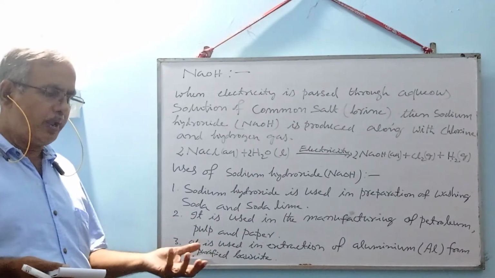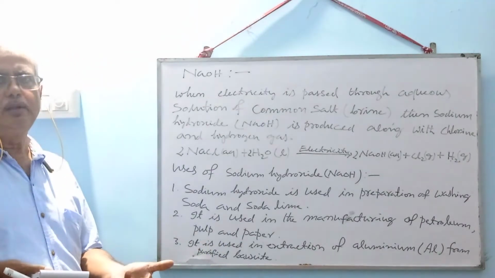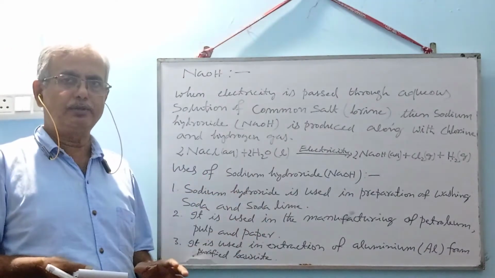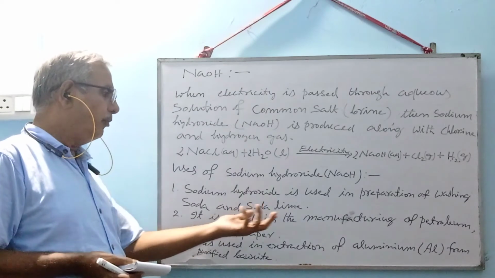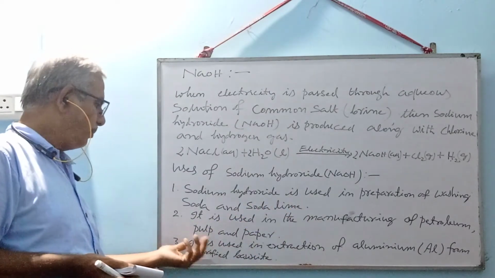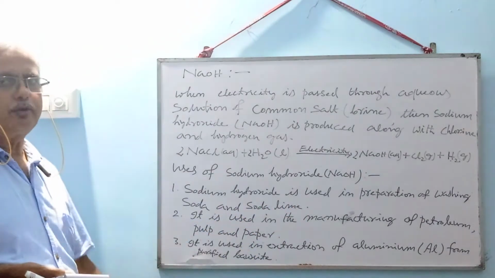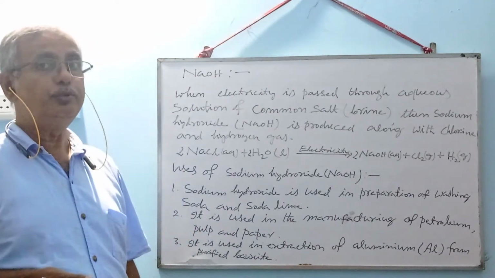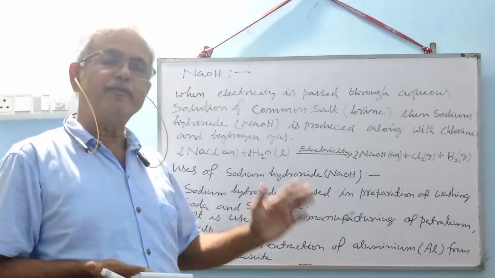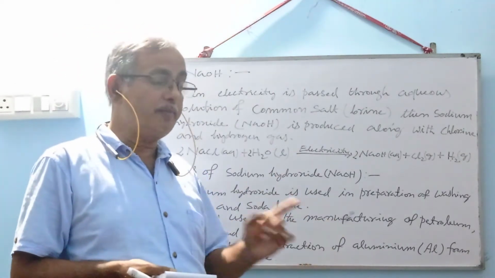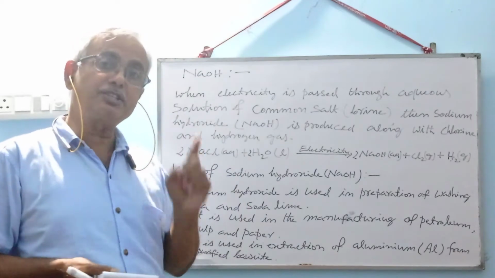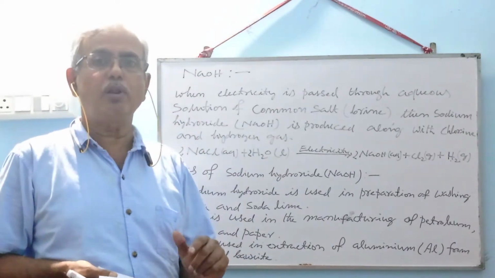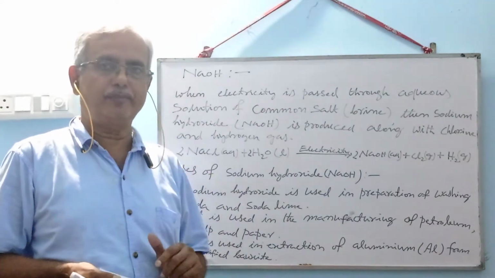When you are going to prepare paper, before that the pulp is obtained from wood. Third, it is used in extraction of aluminium from bauxite ore by purifying the bauxite ore.